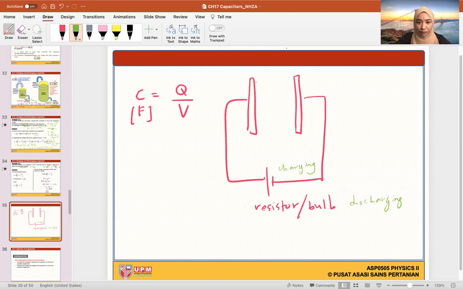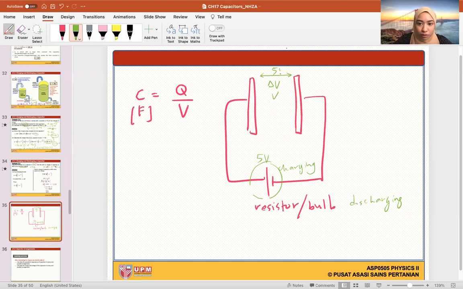The difference in potential between the two plates is our delta V, or just V. And it is equal to the battery that we supply it with. For example, I have a battery of 5 volts. Therefore, the potential difference between these two plates will also be 5 volts.